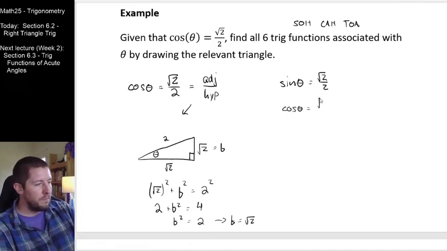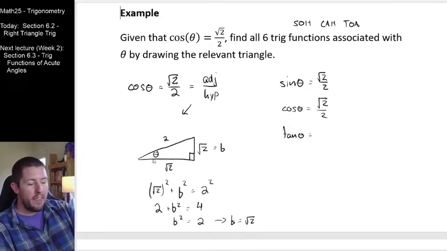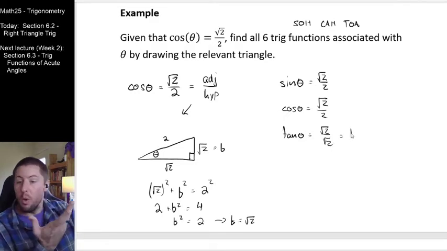That matches. Tangent, one way I could think of it is as sine over cosine. And notice that since these are equal, I should be getting 1. Another way I can think about tangent is it is opposite over adjacent, and that's root 2 over root 2, which is 1 in this case right here. So there's my first 3.